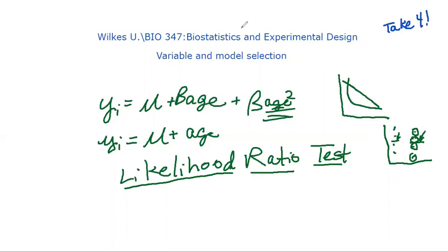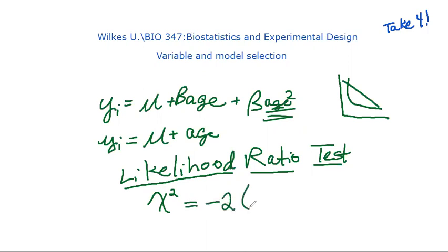The likelihood ratio test examines, just like it sounds, the ratio of likelihoods. The formula for that is a chi-square distribution: chi-square equals -2 times the log of the likelihood ratio.